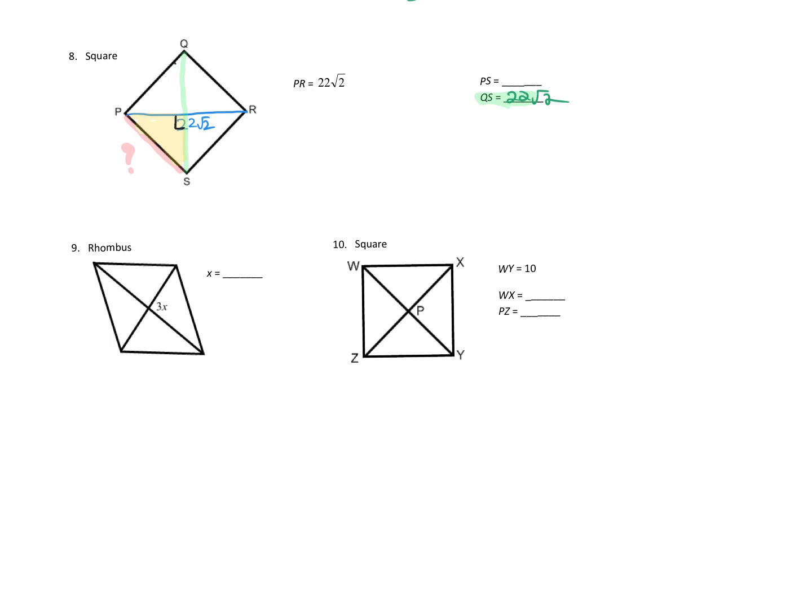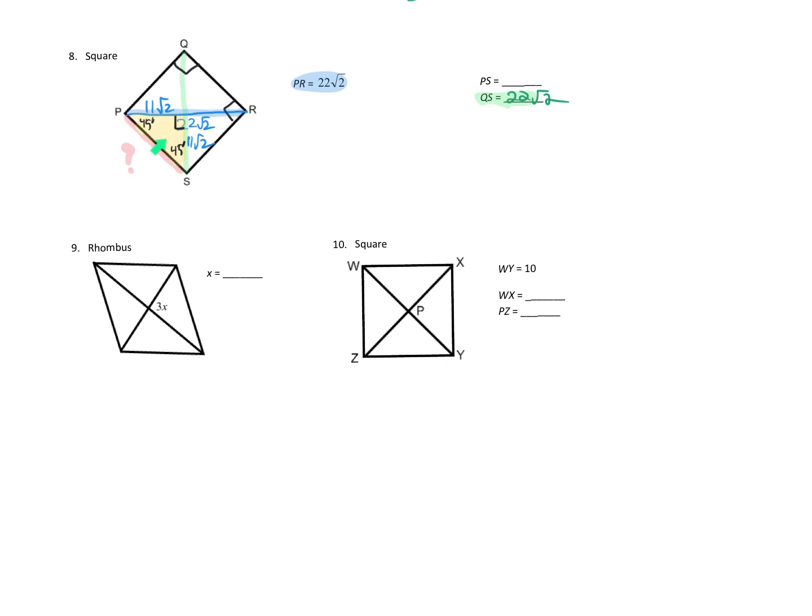The square's angles are all 90 degrees, and so these diagonals cut them all into 45-degree angles, and this yellow triangle, therefore, is a 45, 45, 90. This entire distance across was 22 root 2, and therefore half the distance across will just be 11 root 2.